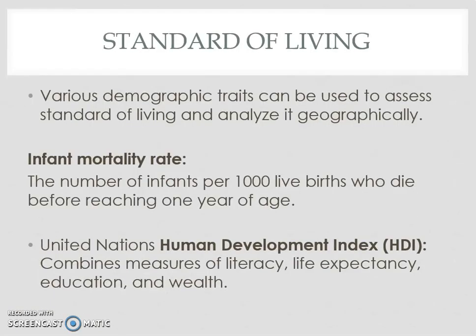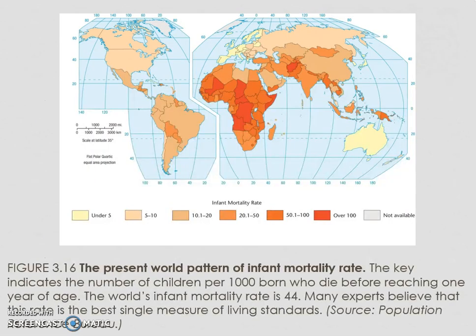By the way, HDI helps the world and World Health Organization do a lot of relief efforts, especially in Africa. Infant mortality rate, so how many people are born per thousand.